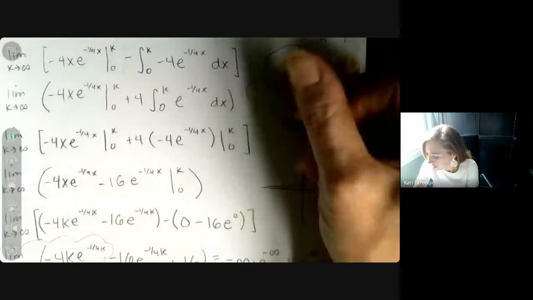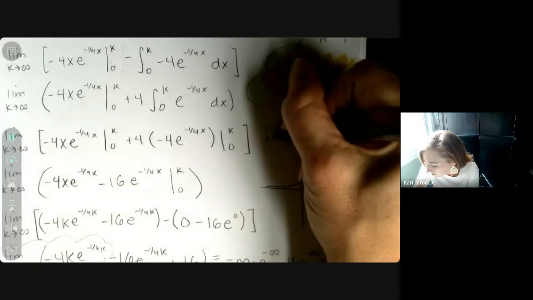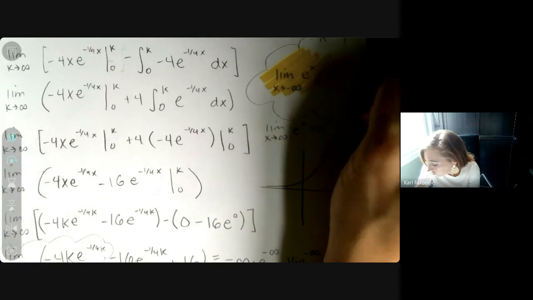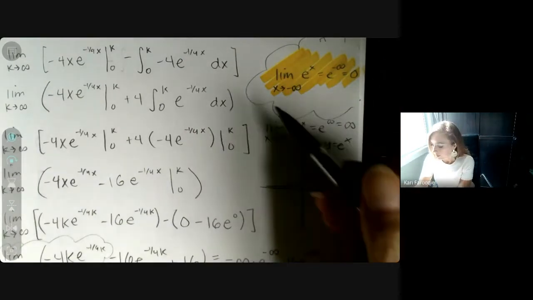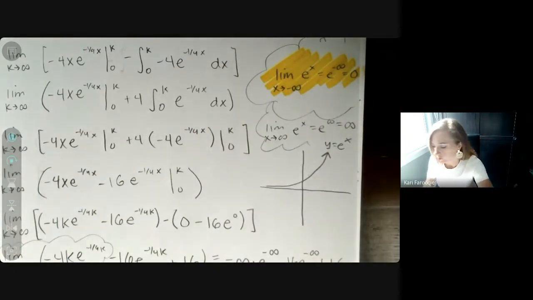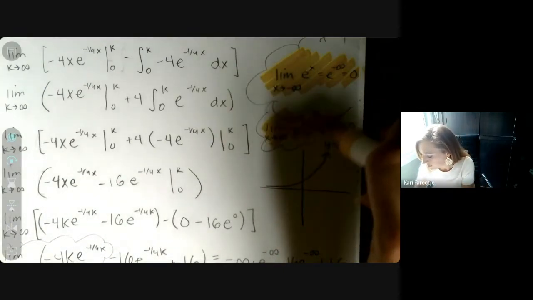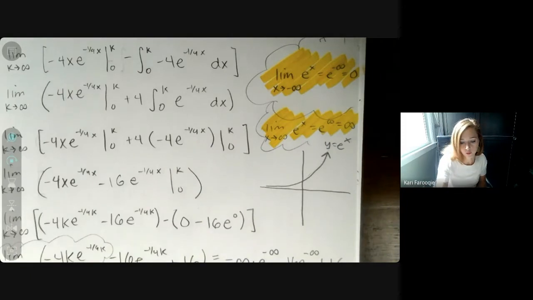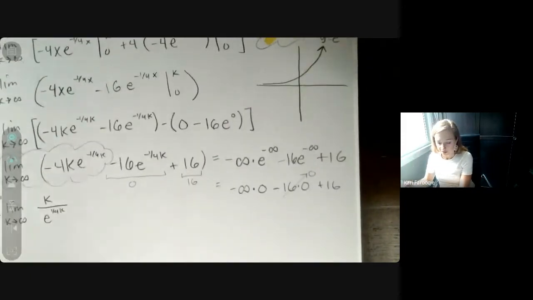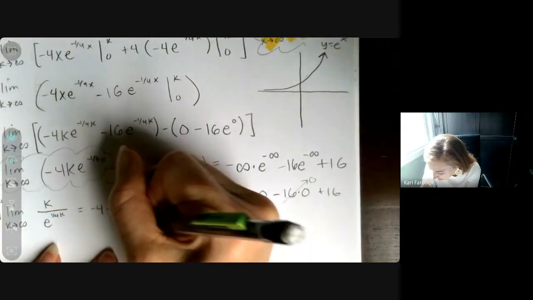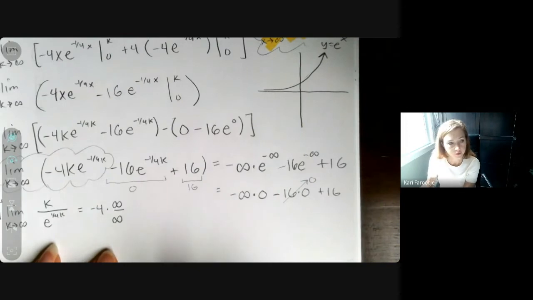The limit as x approaches infinity of e to the x is e to the infinity, which is infinity. You can tell that that is happening with your graph. Feel free to also highlight that as a very often used result. So if you would like, we can say this is negative 4 times infinity over infinity. We need L'Hopital's rule.